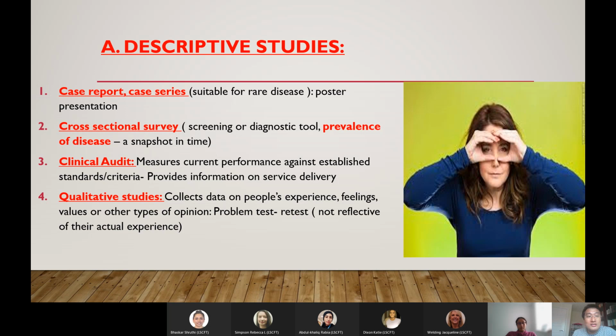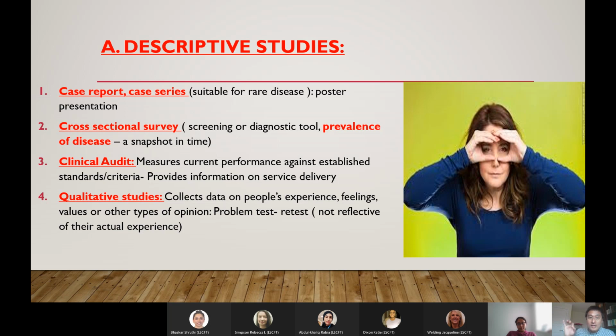Okay, so we have already done some MCQs. A case report or case series is done for a rare disease, for a poster presentation. For example, in your ward, you find a very rare case, such as someone with Capgras syndrome, which is very rare.